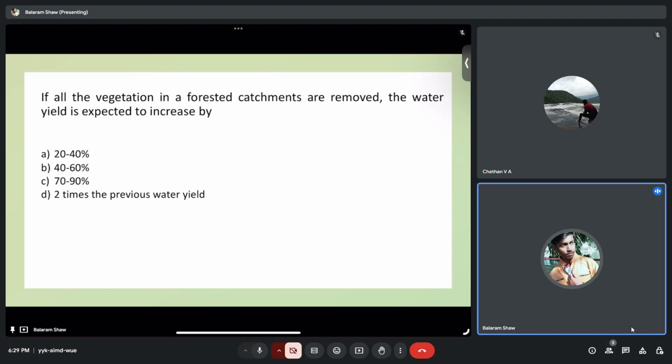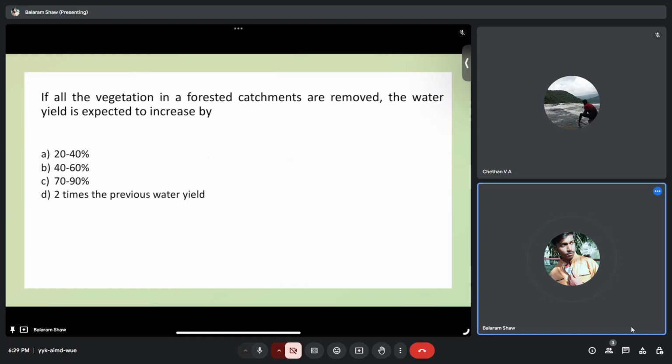This we have seen in the forested catchment in the lectures. If all the vegetation in a forested catchment is removed, the water yield is expected to increase by how much? Forested catchment means the catchment which is fully covered with forest, with vegetation.